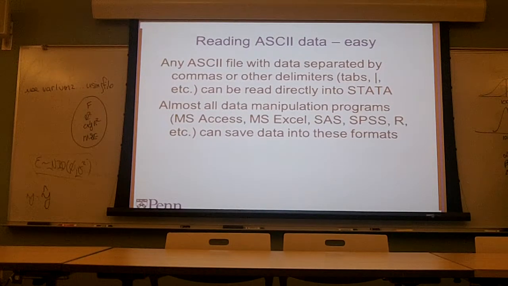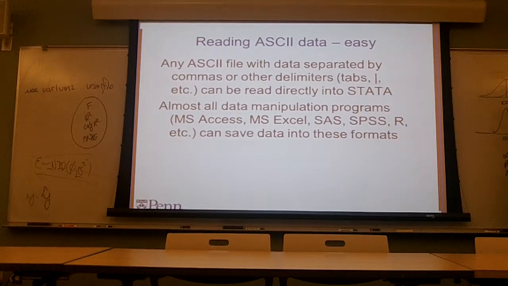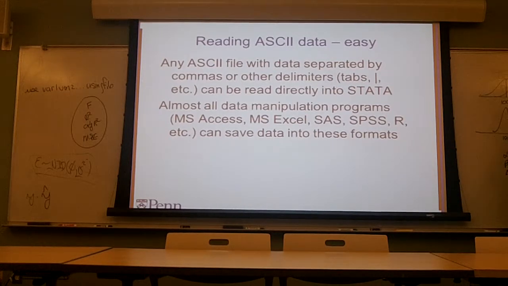If you save something as a CSV file, that stands for comma separated values. Most programs will be able to read those files in without a hitch. Stata can read those files in very easily. It tries to read the first 100 rows or so, and then figure out what data type each of the variables are. Remember we talked about data types, strings versus floats and longs and bytes. So it'll try and figure out what those things are for you.